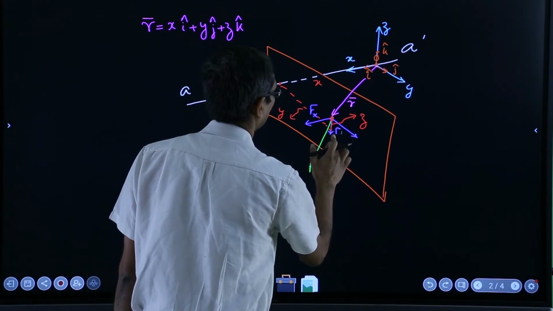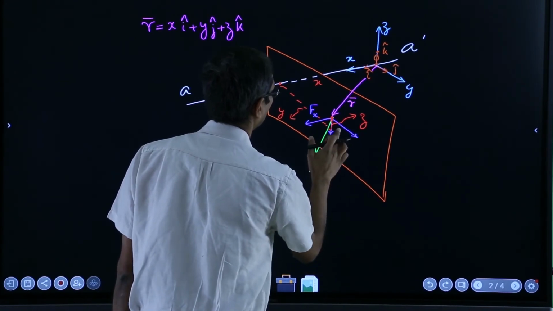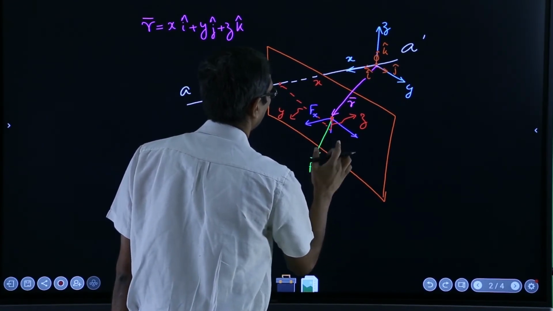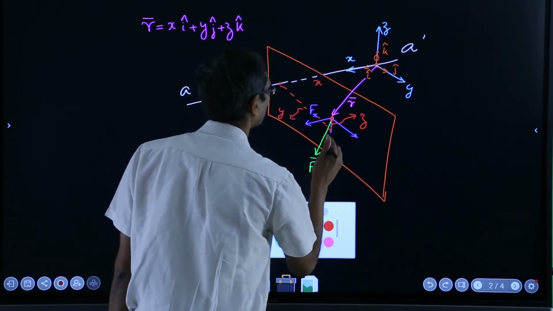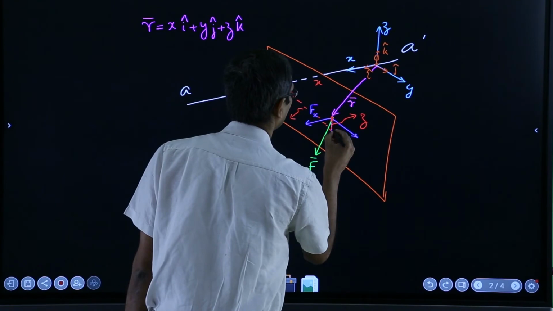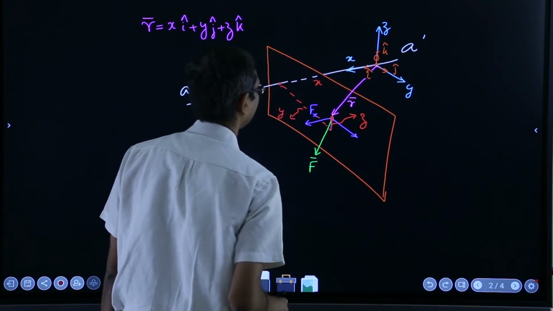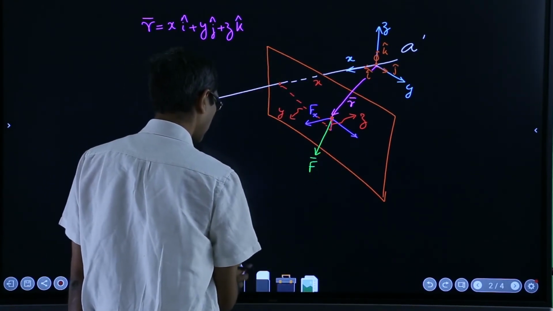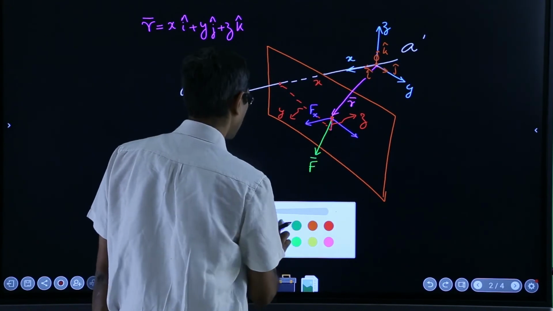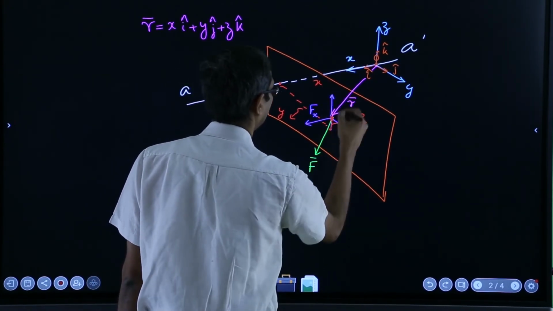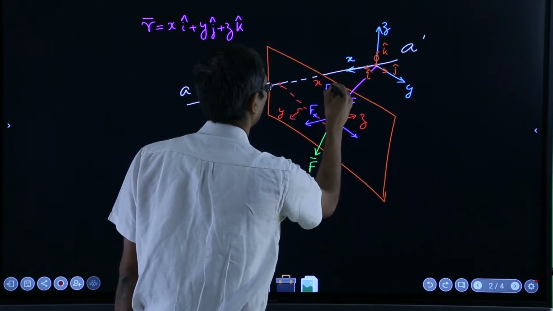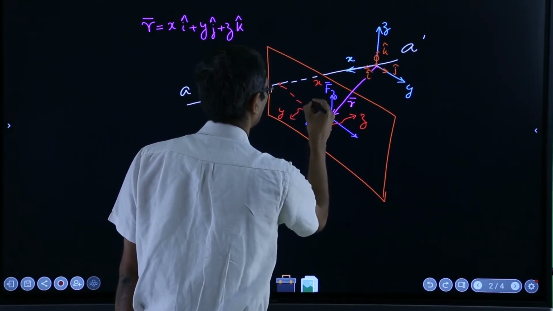Now this fz, I will call as in the positive direction, so that all positives will be... okay. Now I'll draw that in the positive direction. Let this be the fz component.